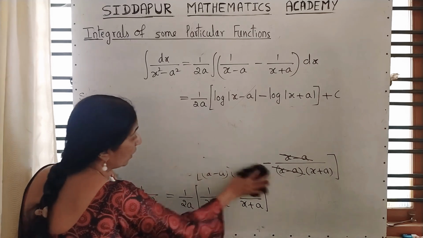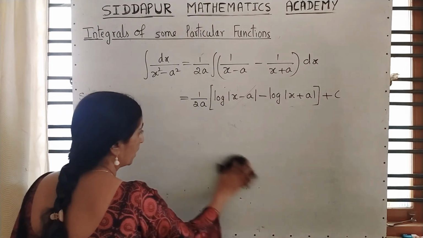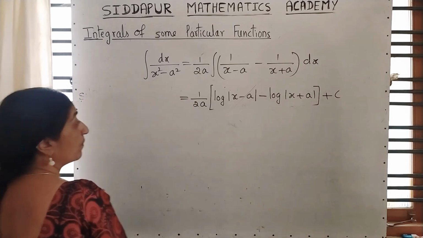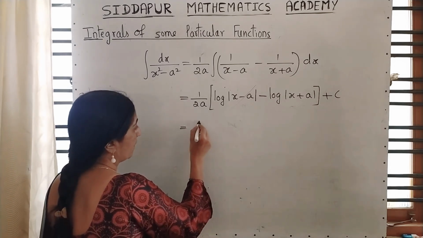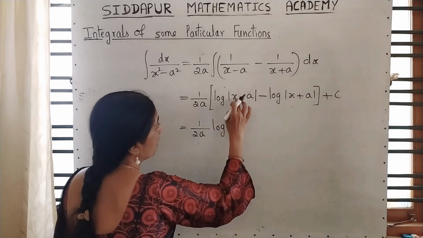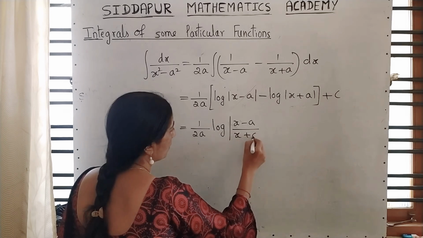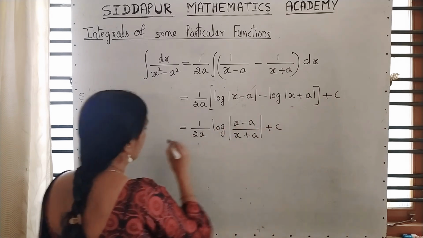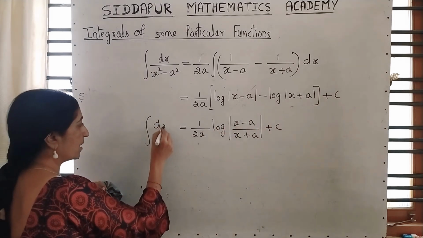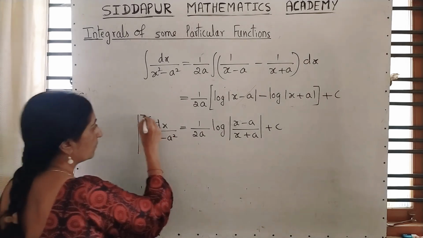Now log m minus log n is what? Log m minus log n is log m upon n. This is 1 by 2a log of x minus a upon x plus a plus c. On the left side, dx upon x square minus a square.